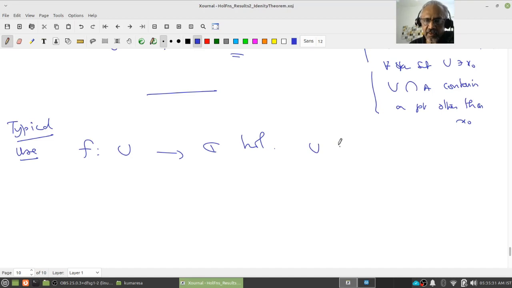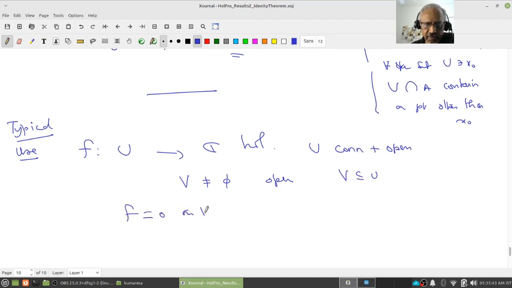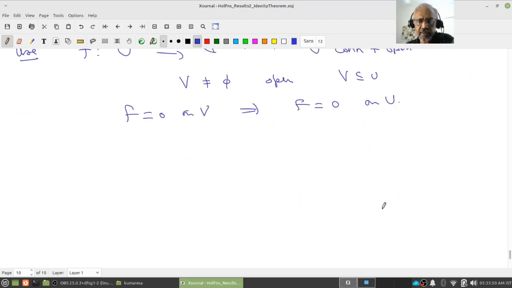Suppose U is as usual connected and open. Suppose V is non-empty, open, contained in U, and suppose f is 0 on V. Then I want to claim f is 0 on U. That's because in Euclidean spaces, this is a very general remark, a topological remark actually.